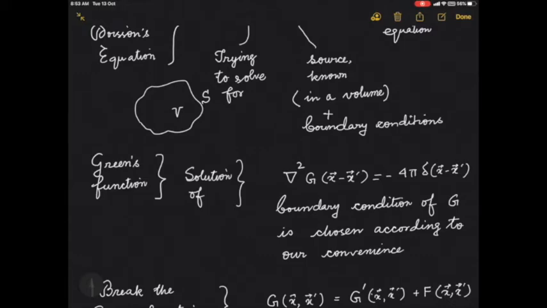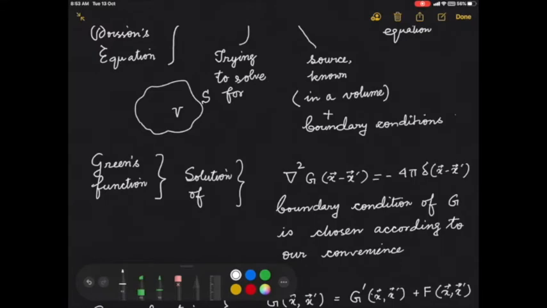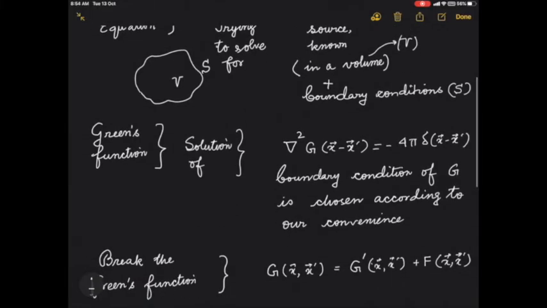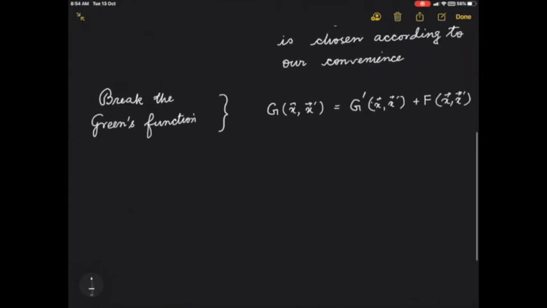So I have a finite volume V which is surrounded or covered by a surface S. Okay, the boundary conditions are the conditions known at S, and the sources are known inside the volume, so at V.